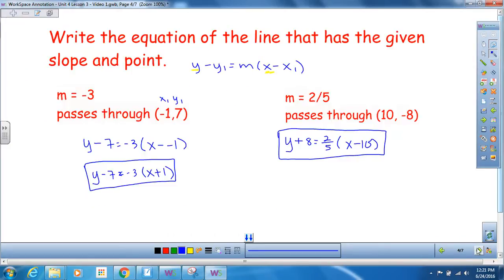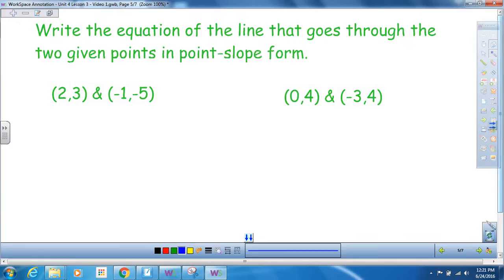We wrote equations, and now we're going to write more equations. So again, I want to write it in point-slope form. So y minus y1 equals m parentheses x minus x1. Okay, so you need a point and a slope.